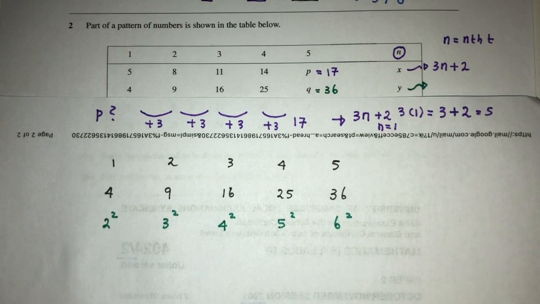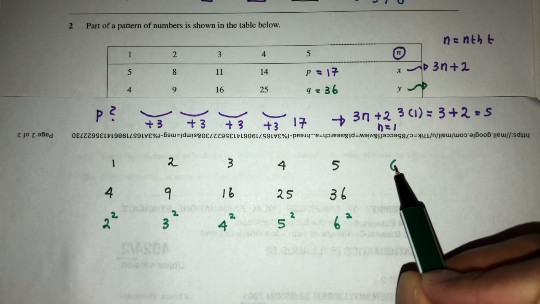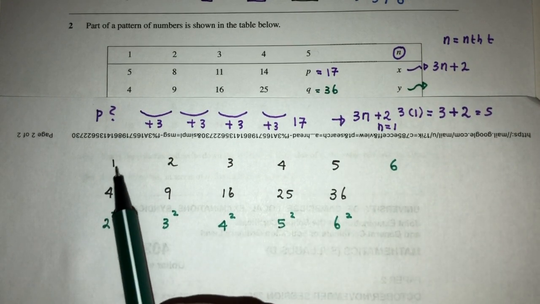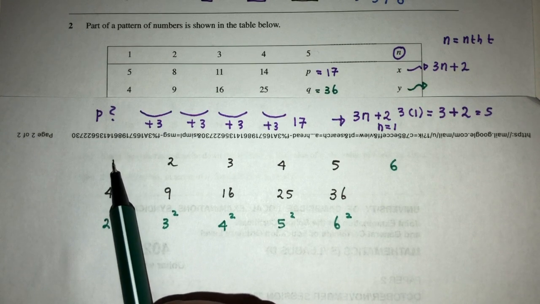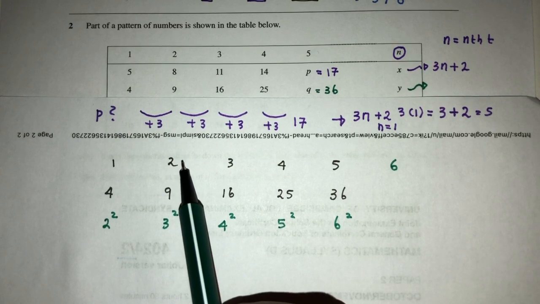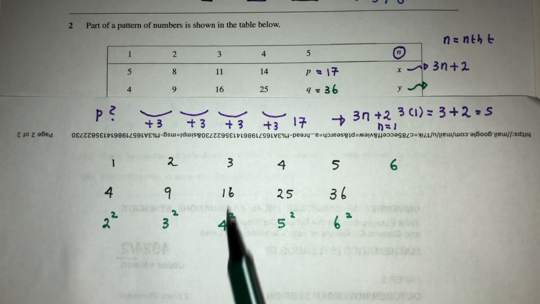So what is happening here? For example, if you want to find the sixth term, what would you do? Every time when I have to find the first term, it was 1 plus 1, which is 2 square. 2 plus 1 is 3 square. 3 plus 1 became 4 square.